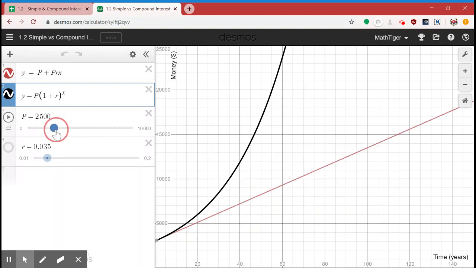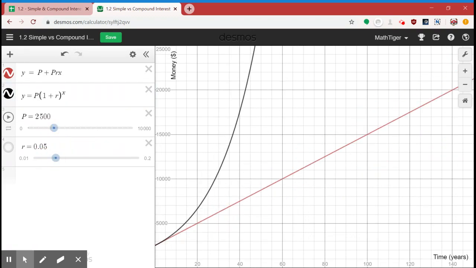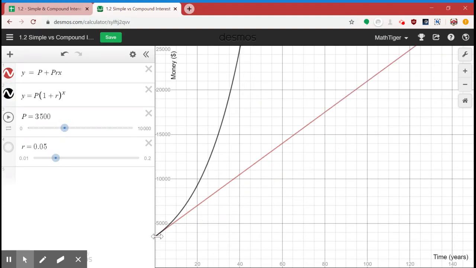And if I adjust these values, if I adjust the interest rates, what's just happening is this just adjusts how quickly this compound interest grows, and it also adjusts what the initial value is over here on the left-hand side.